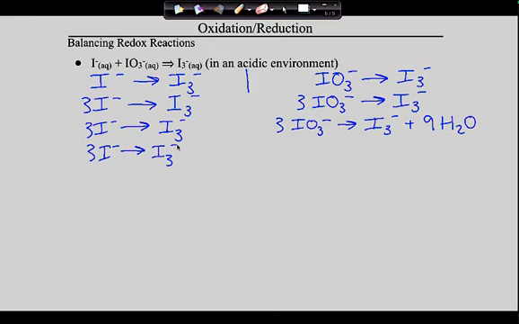So now we need to go 18 H plus, 3 IO3 minus yields I3 minus plus 9 waters. You can do whatever you want.